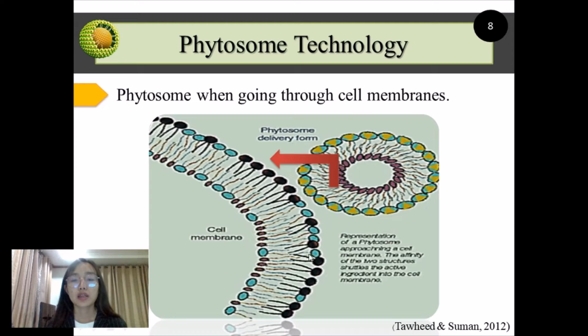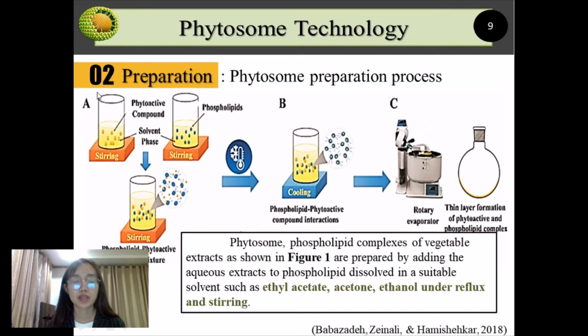Next, in this picture, the phytosome goes into the cell membrane. This is a phytosome formed into the cell membrane. Number 2, preparation, the phytosome preparation process. A. Phytosome can be prepared simply by reacting a stoichiometric mixture of phytoactive compound and phospholipid in an aprotic solvent.